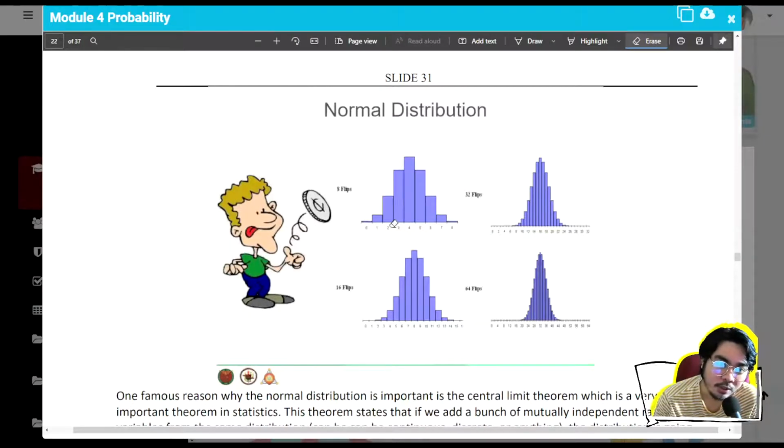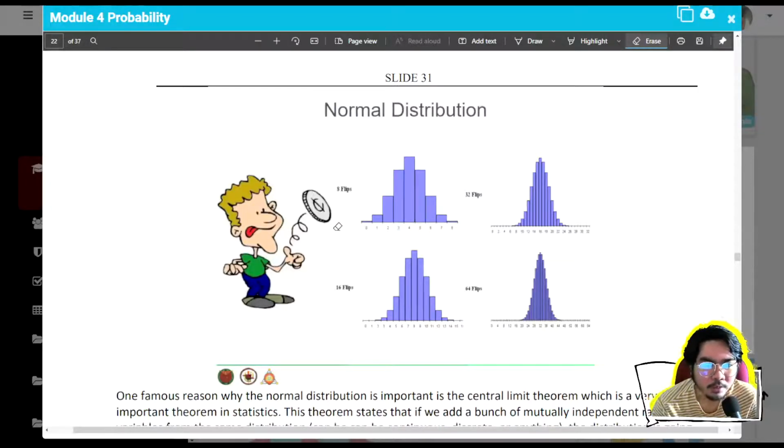Itong si normal distributions. So in most cases, if not explicitly stated, we treat operations and occurrences as normal distributions. You can do this experiment on your own. If you do a coin flip, you'll find out that most of the time you get a 50-50.